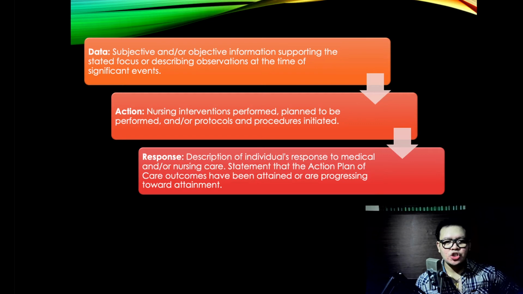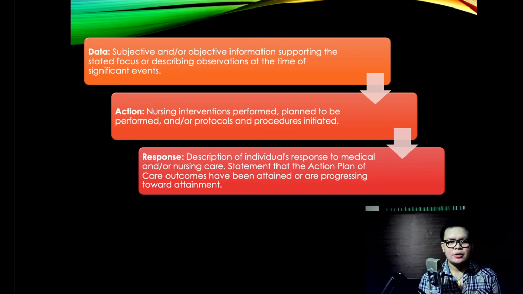Next is the action. These are nursing interventions that are performed. When you say performed, it has already happened, so you have to use past tense. Or plans to be performed, or protocols and procedures initiated. So the action should start with a verb, and the verb should be in past tense.